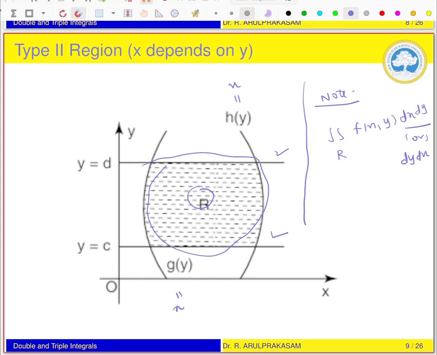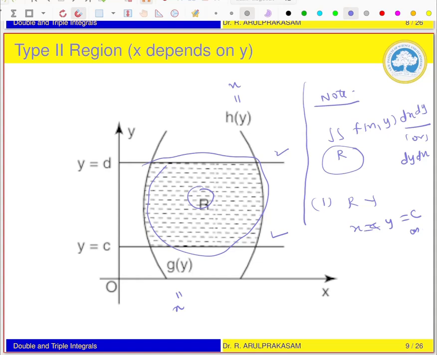How to decide this order of integral based on the region? The first problem is where the region is bounded by limits where x variable and y variable limits are all constant. That means x and y are all in constant form. It is the first type of problem.